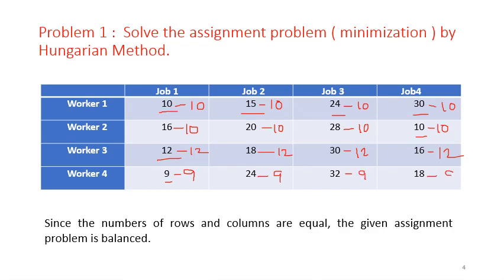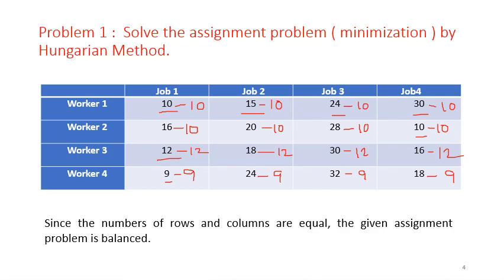So this particular procedure is called the row reduction, because you are now reducing the row. So what will be the resulting table now, after doing the row reduction? You have now subtracted the row minimum from every element in that particular row.